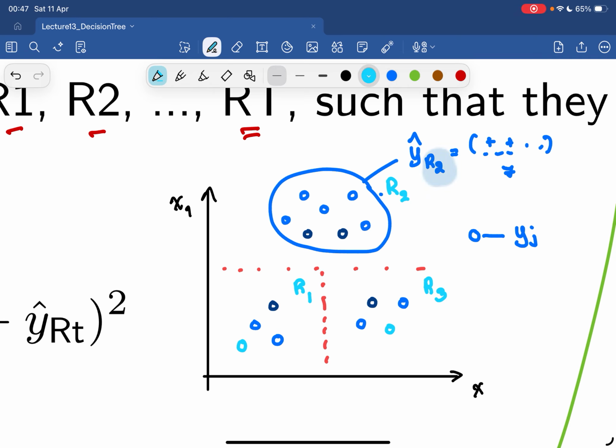Or again, you may find the representative of R3 as the average of the region, divided by 4 this time, and this one is going to be divided by 4 as well.